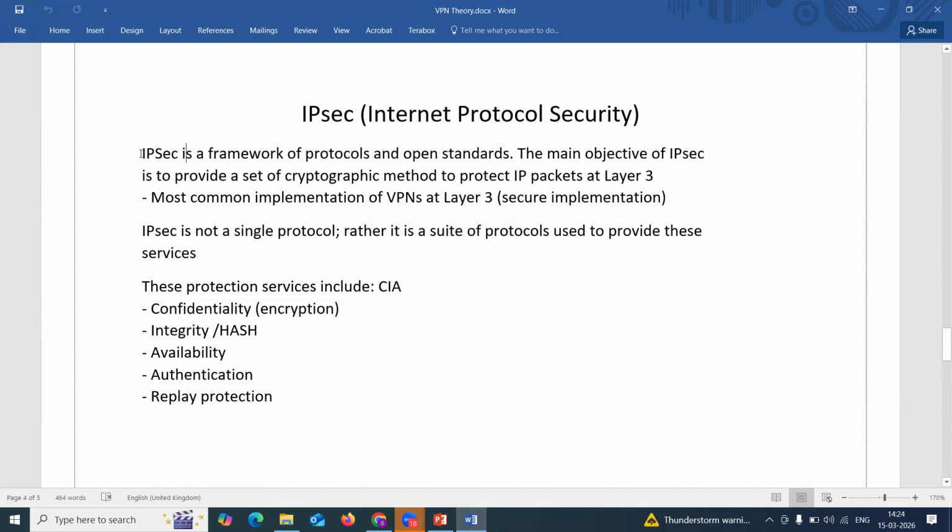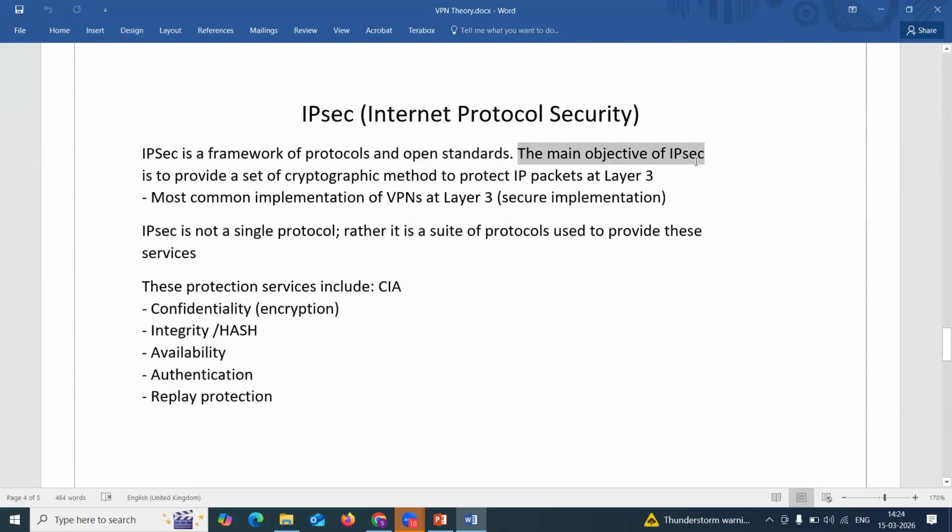And being an open standard, we can communicate between different vendors using IPsec. It can be Palo Alto, Juniper, Cisco, any other firewalls or devices. If you want to make connectivity between them using IPsec, you can.